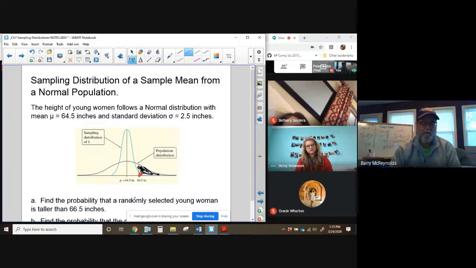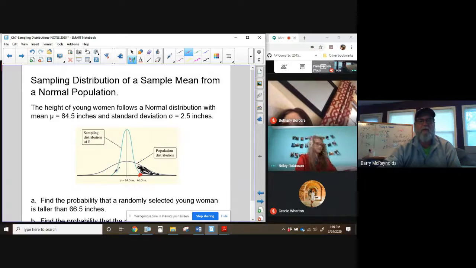Okay, so that's pretty unlikely that we're going to get that value, or that we're going to get a sample of 10 in that group. Okay, so that's what we're after now, the ability to make a distinction between the population distribution and the sampling distribution.